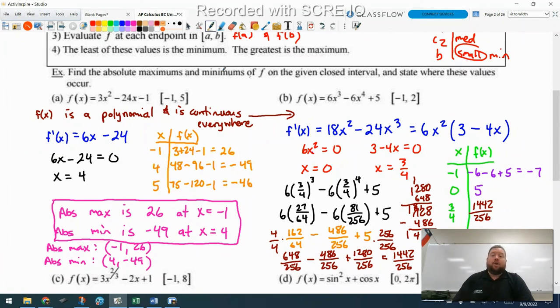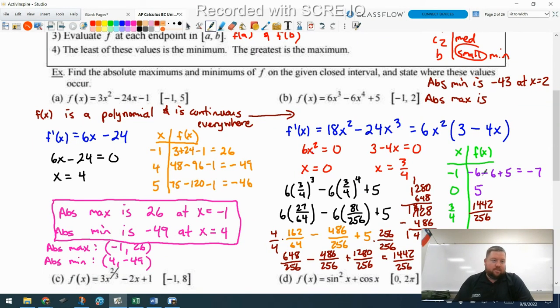Okay, so we need to identify the absolute maximum and absolute minimum. Absolute minimum is super easy: the biggest negative number. So absolute min is negative 43 at x equals 2. Absolute max, all right, I know it's not the negative number, so it's one of these two.